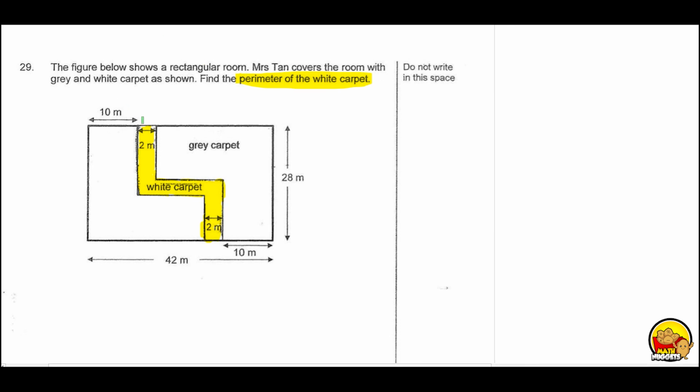We already know that this is 2 meters and this is 2 meters. Are you able to see that this part and this part makes up 28? So the blue part makes up 28 meters.